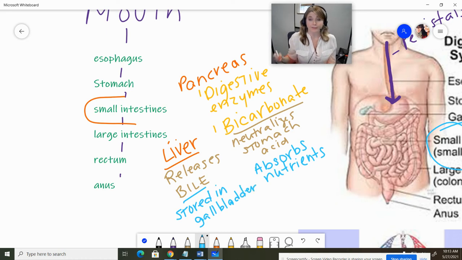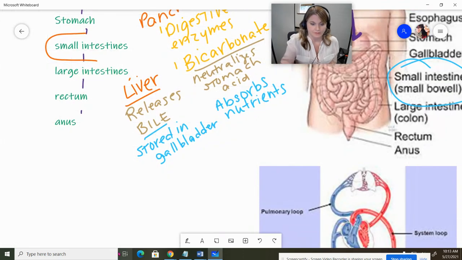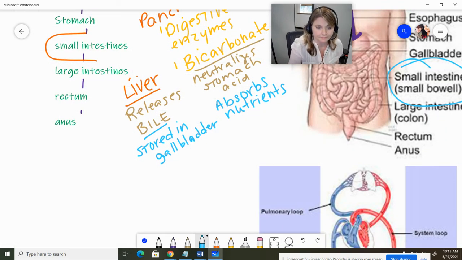The purpose of bile is to break down fats so that they are more digestible. So it's another part of chemical digestion, right?